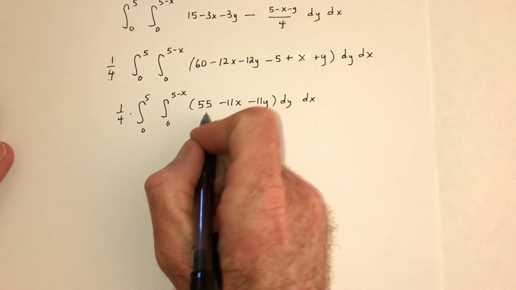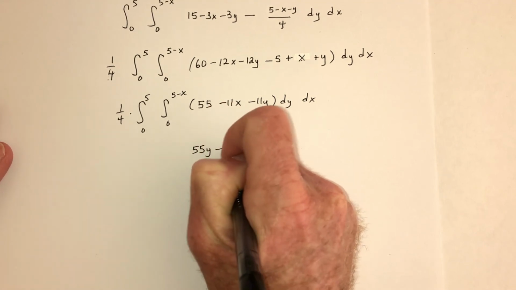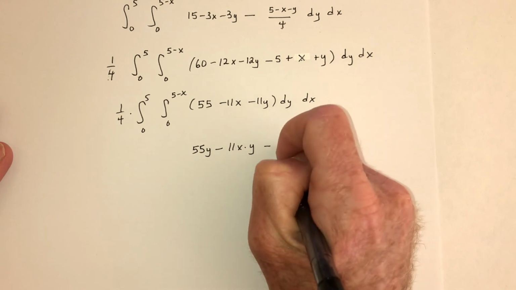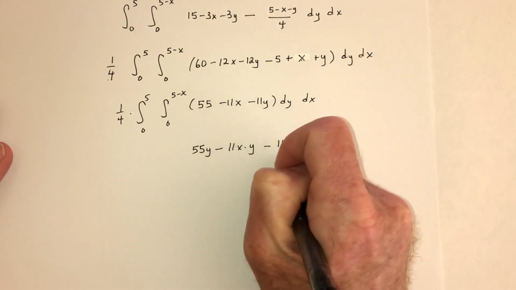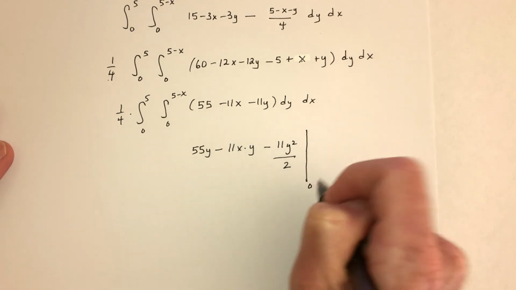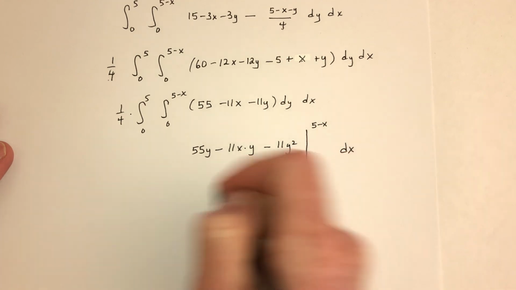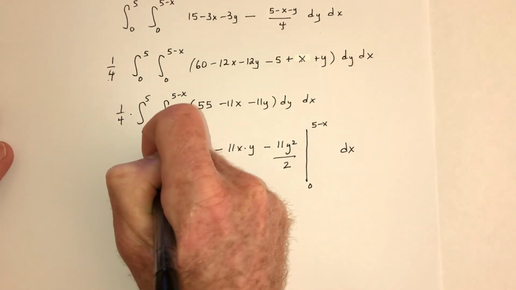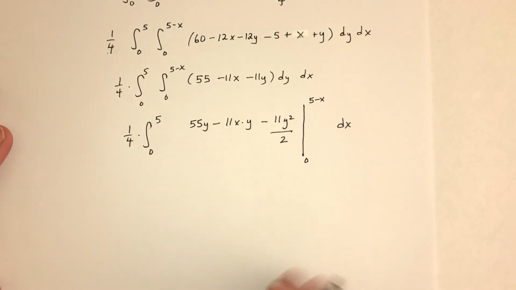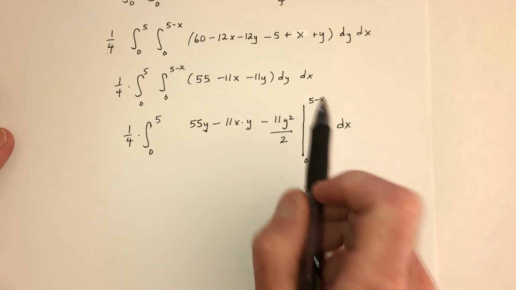So integrating with respect to y means this one is 55y minus 11x times y minus 11y squared over 2. And that gets evaluated from 0 to 5 minus x. So all of these y's right here are going to become 5 minus x.